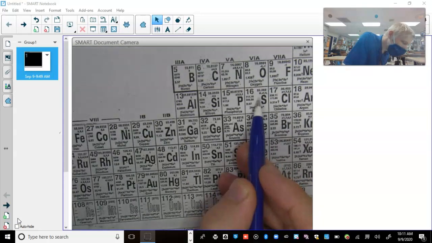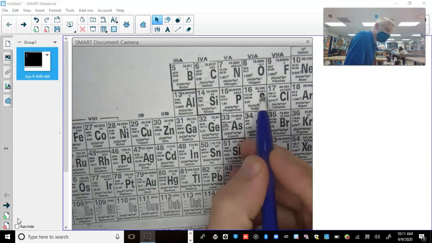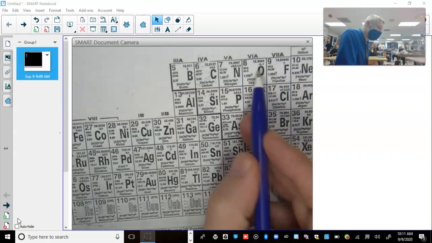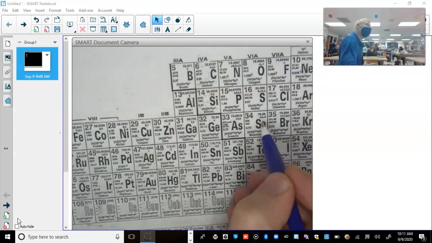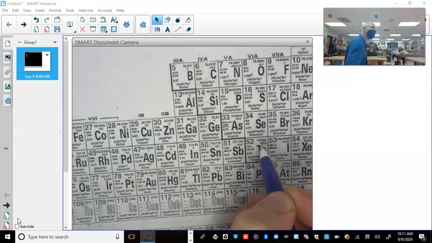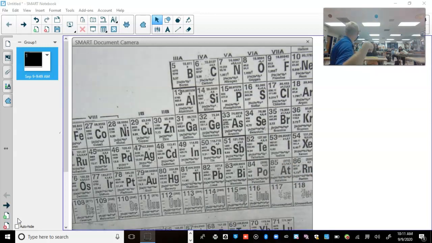No, that's a 6. Okay. So we got 6, we got plus or -2, we got 4. Tellurium, we got 4, 6, -2. But main idea, we got multiple oxidation states.